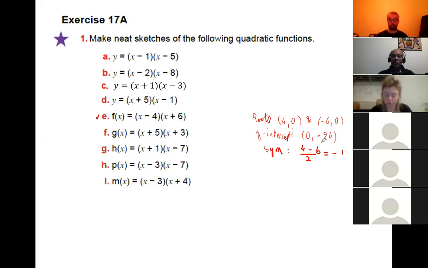Roots, intercept. The only thing left is for us to find the turning point. Because we've got x squared, it's a minimum turning point.